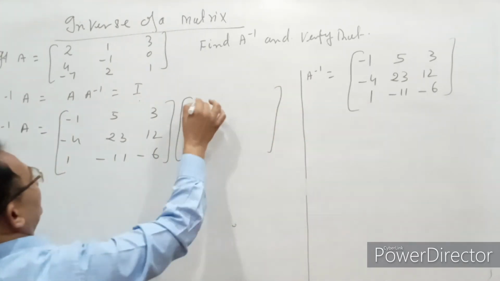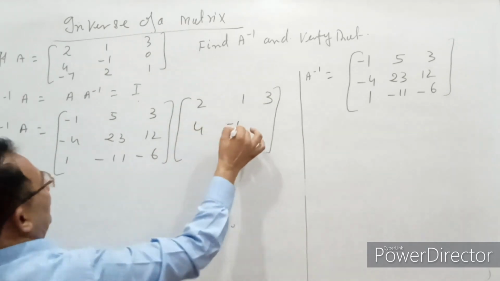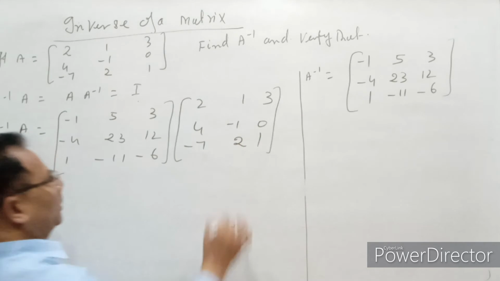That is the value of A: 2, 1, 3, 4, -1 and 0, -7, 2 and 1.